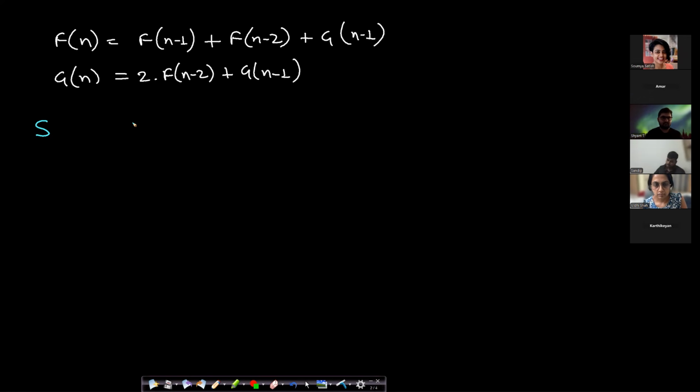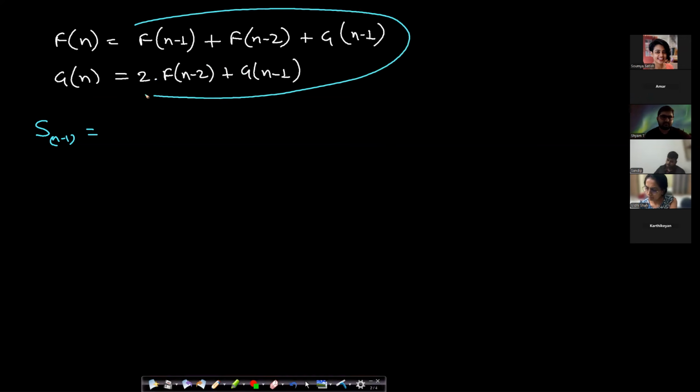S of n minus 1 is equal to what? Now S of n should contain the unique RHS values of both the equations.